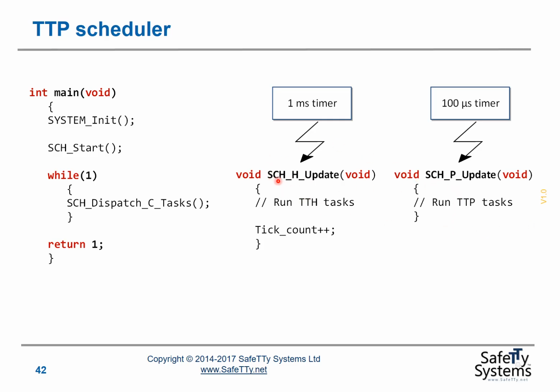So we have an update to the H scheduler that might run every millisecond, and we have another higher priority timer tick that in this case runs every 100 microseconds, and we can run other tasks from that tick. So we can add different levels of task priority to the system, and all of these will be time triggered in this kind of design.